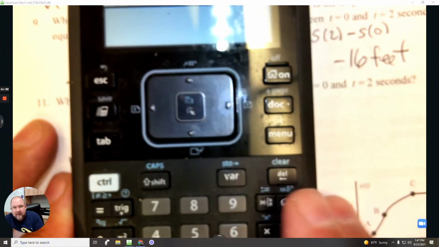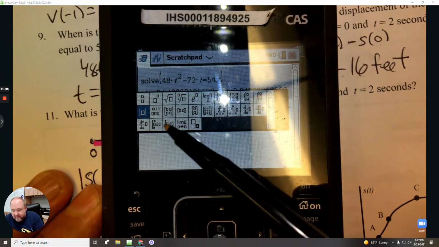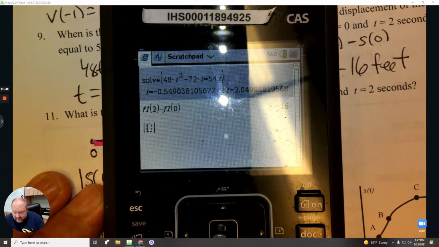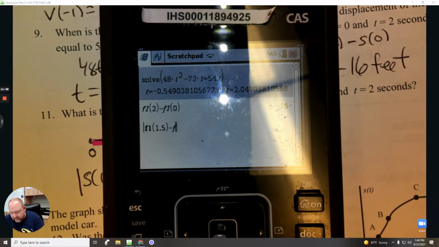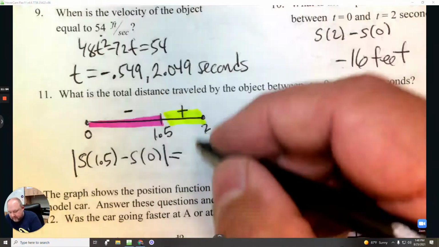Press it. And that's absolute value, so press enter. And then inside, I'm going to press F1 at 1.5, subtract F1 at 0. That's it. And I get the answer positive 27 because of the absolute value bars.